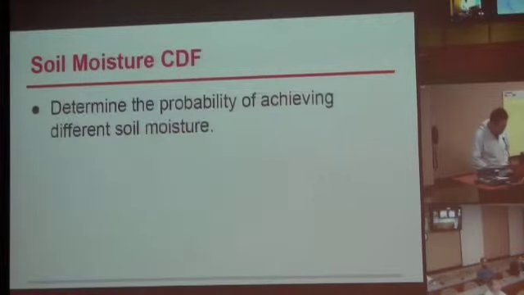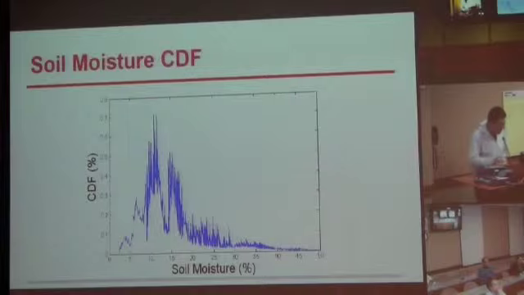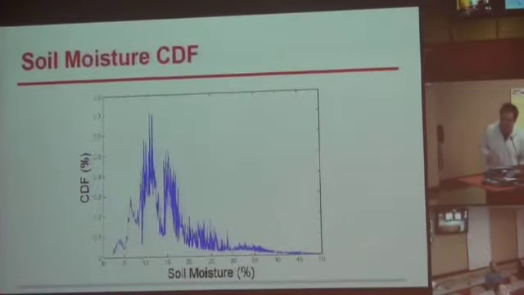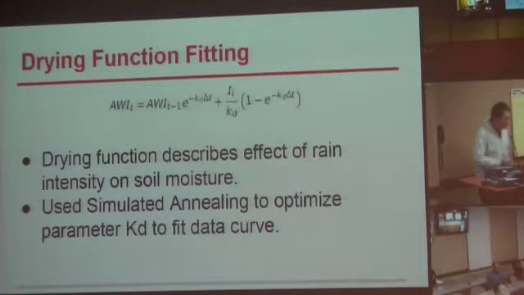This basically shows the probability of achieving a certain soil moisture level. There are some minor errors in the units. The soil moisture should be in millimeters per hour. And yes, the horizontal part is basically the probability. Okay.